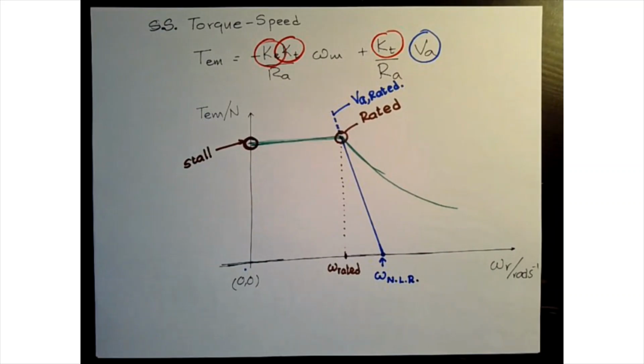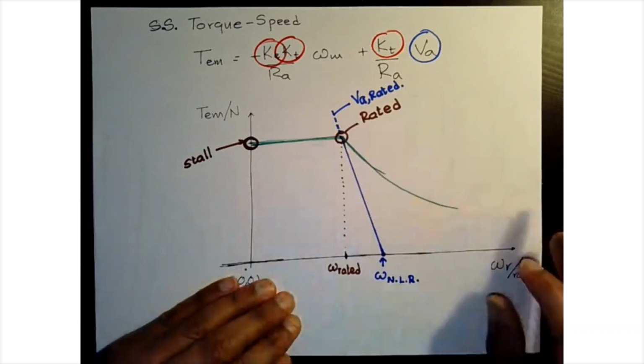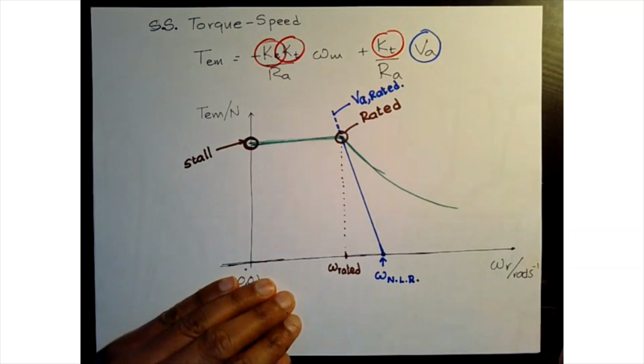Now imagine you cannot exceed that voltage. It could be 10, it could be 12, it could be 40. You cannot exceed that voltage, or you are limited by your power supply capability.